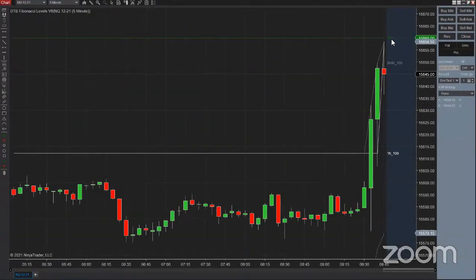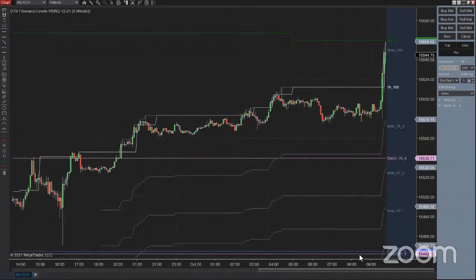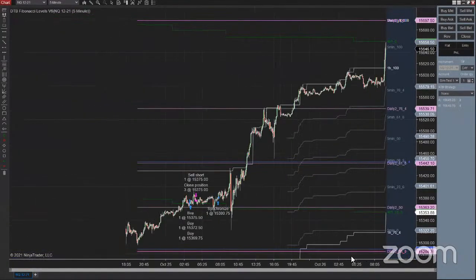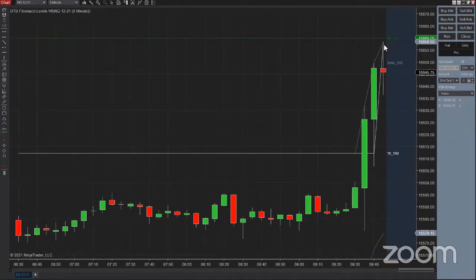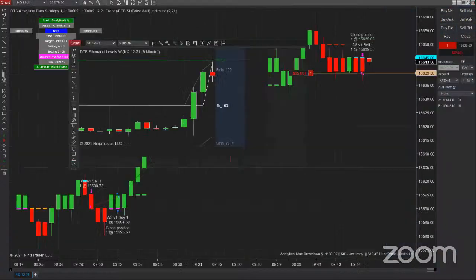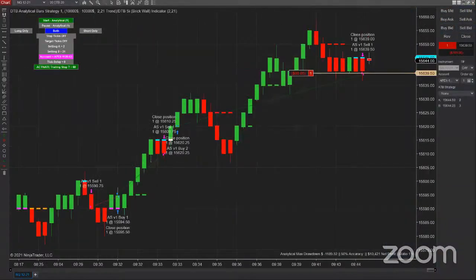So there's your 4-hour level, you see. We'll keep an eye on that and see if it comes and breaks through it or bounces off it.